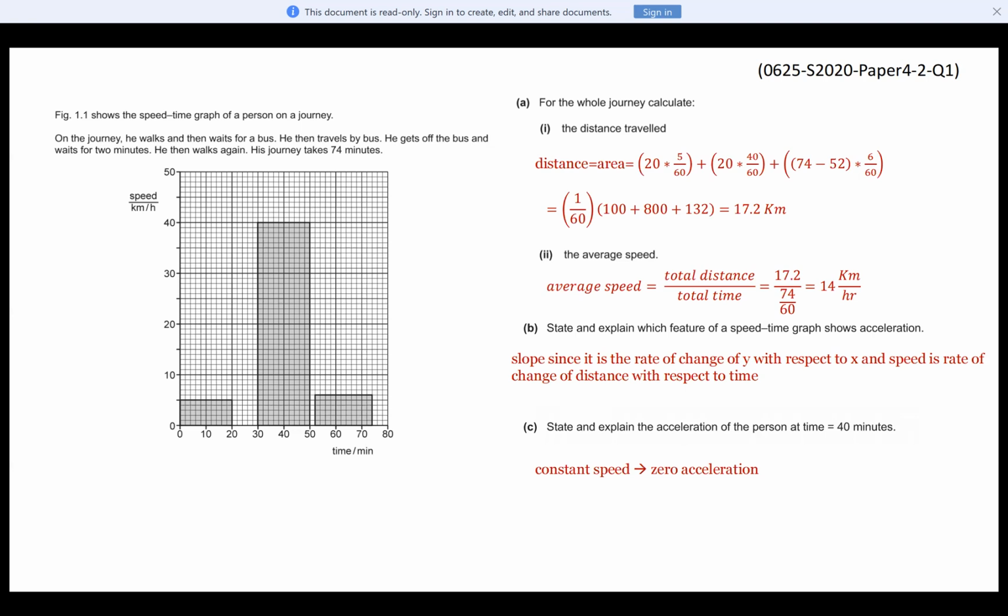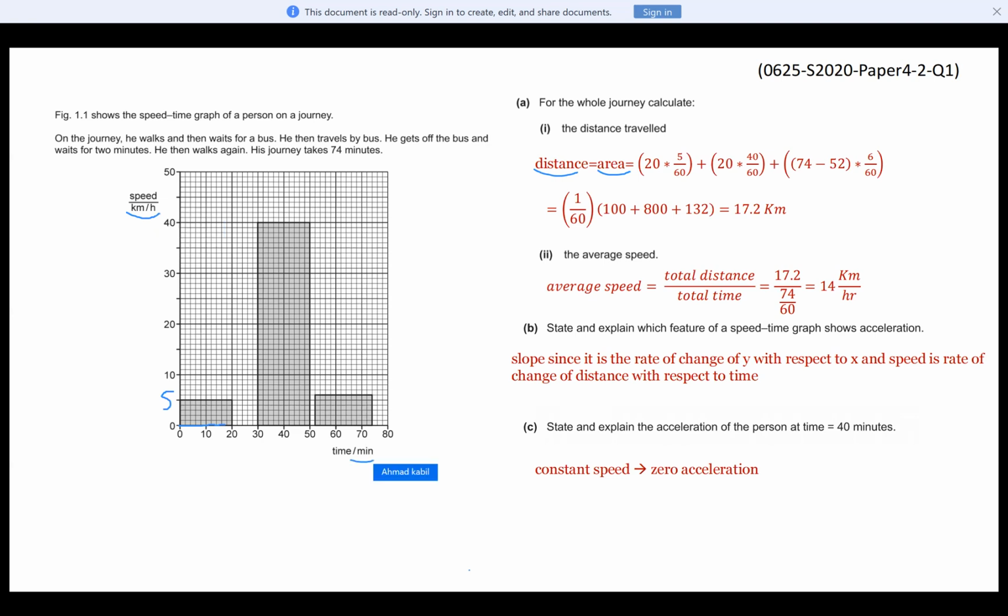We said before that if we have a speed time graph, the distance is the area. I'm sure you memorized this by now. So we need to get the area under the graph, and we have here 3 rectangles. So the first rectangle has a base of 20 and a height of 5. So therefore we have 20 times 5, but bear in mind that the speed here is in kilometers per hour, whereas the time is in minutes.